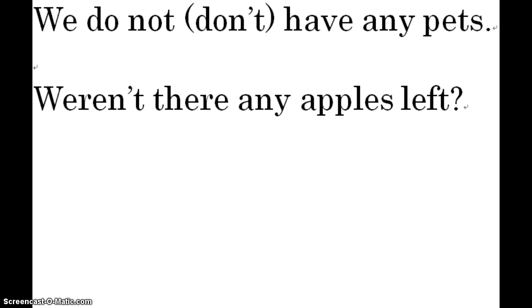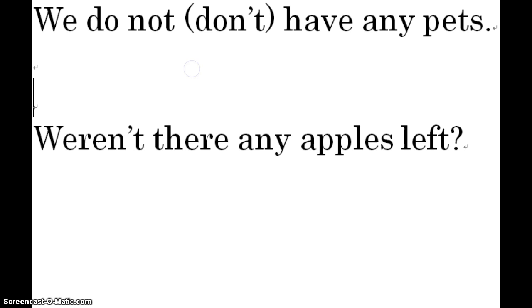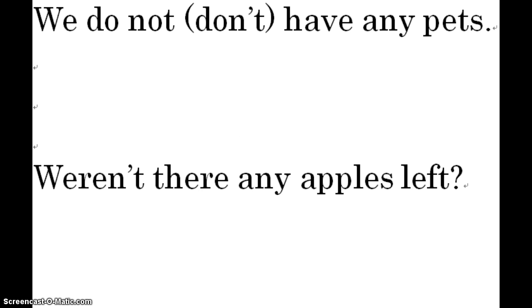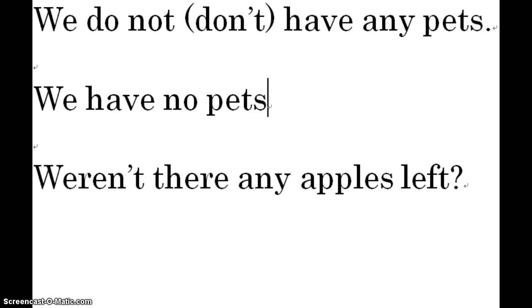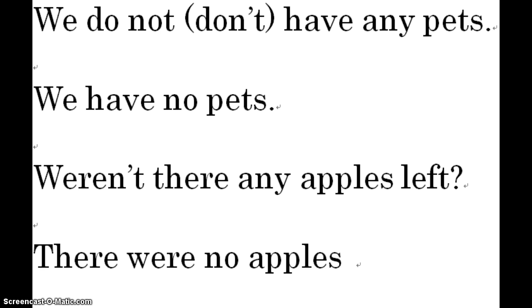Now, I also want to give you an example of how we can use the word no. So, for example, if we look at this sentence here, we do not or we don't have any pets. One way you can use the word no in that sentence is we can say we have no pets. Or for the second sentence, we can say there were no apples left.